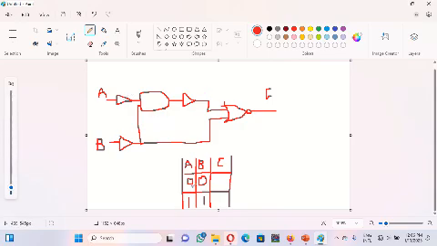If I have 0 here, a NOT gate will convert the 0 to 1, so I'll end up with 1 here. A is 0, and a NOT gate will give us the opposite, which is 1.